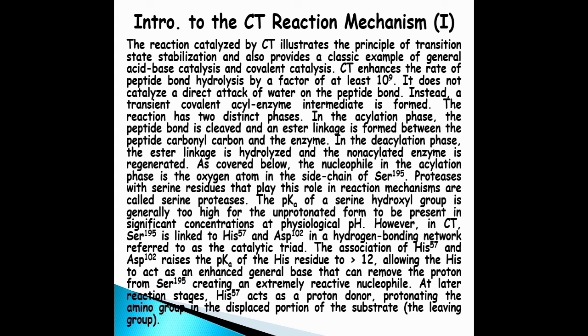The association of His57 and Asp102 raises the pKa of the His residue to greater than 12, allowing the His to act as an enhanced general base that can remove the proton from Ser195, creating an extremely reactive nucleophile. At later reaction stages, His57 acts as a proton donor, protonating the amino group in the displaced portion of the substrate.